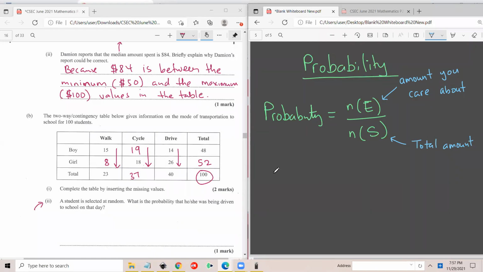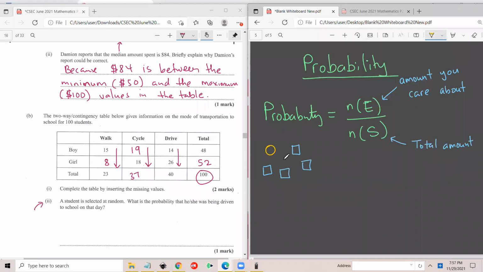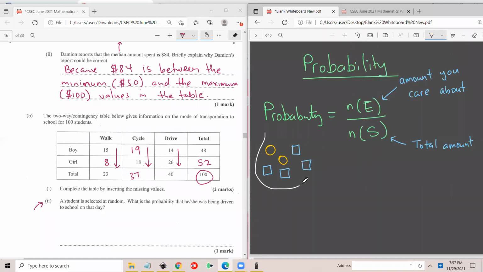So let's say I have some shapes here, 1, 2, 3, 4, and then I have orange. Let's say we have a bag of biscuits, with different biscuits in it, and we cannot see inside the bag.